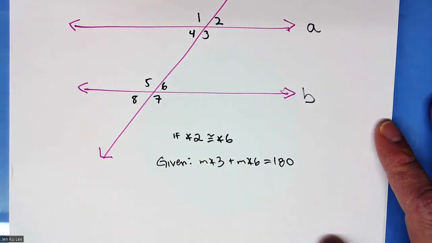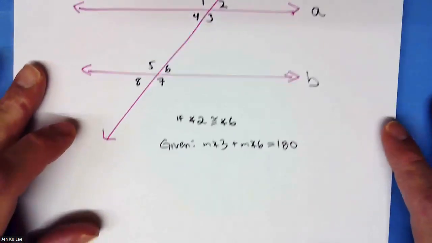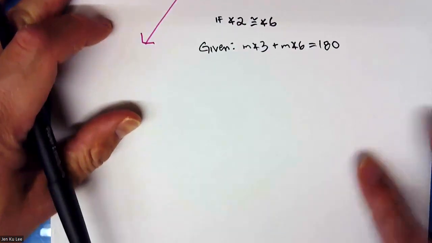Okay, so it's pretty much the same as 3.2, our last section, but our thinking is different.